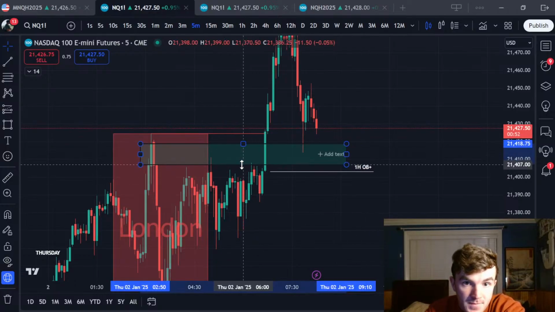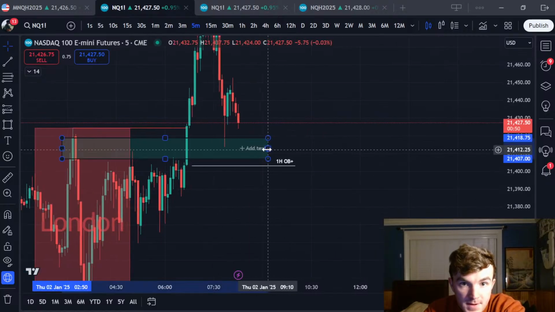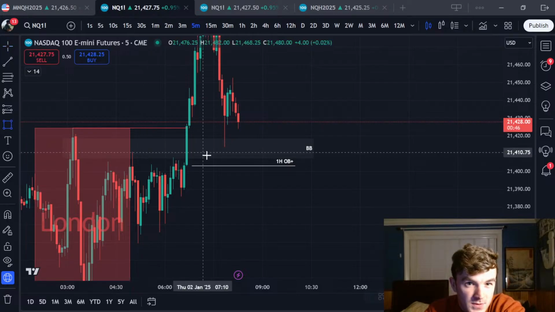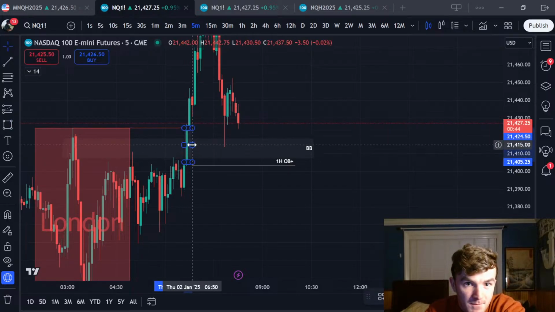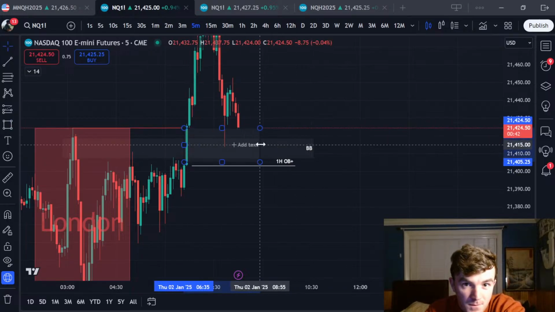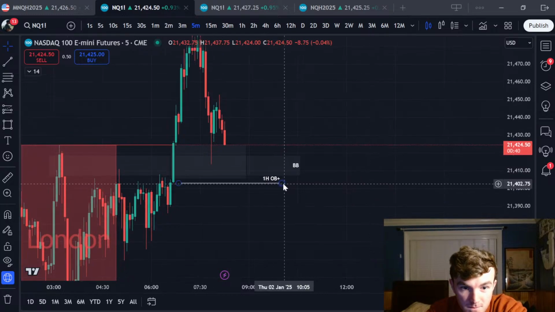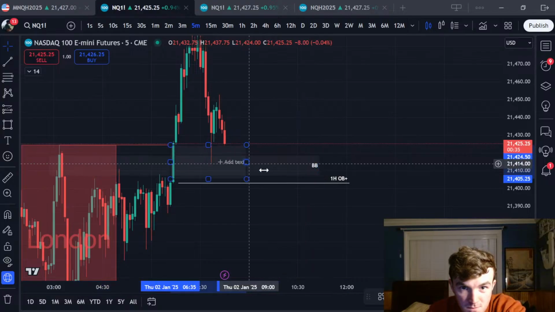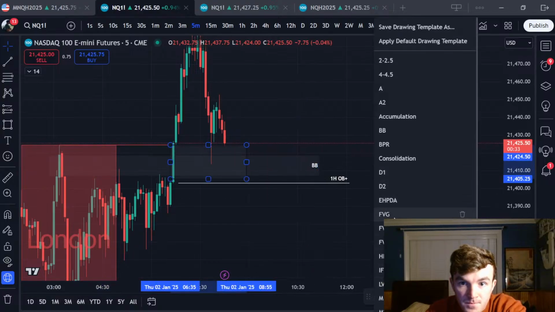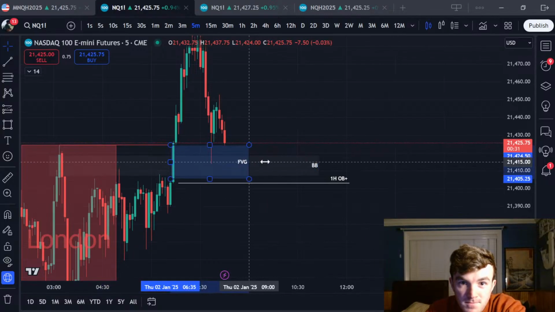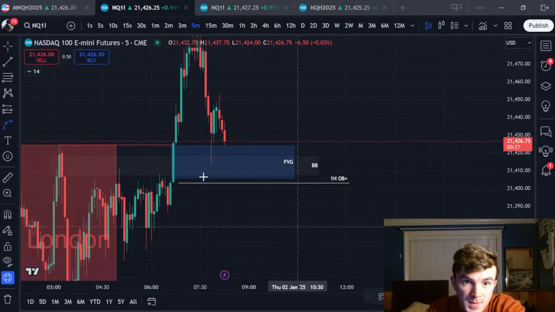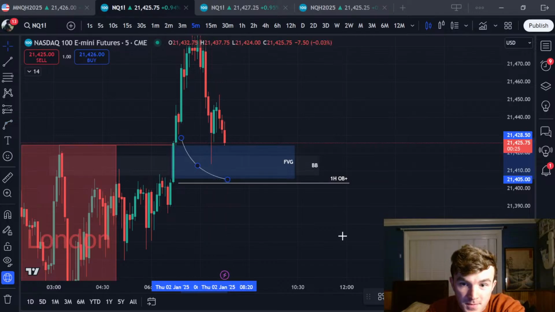So there's your breaker. There's your fair value gap. And yeah, here I'm thinking this will be a lower time frame buy model.